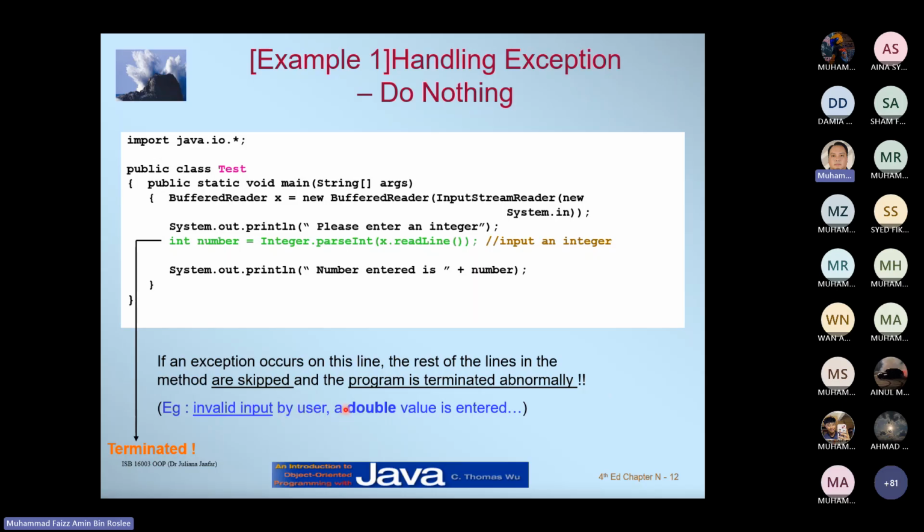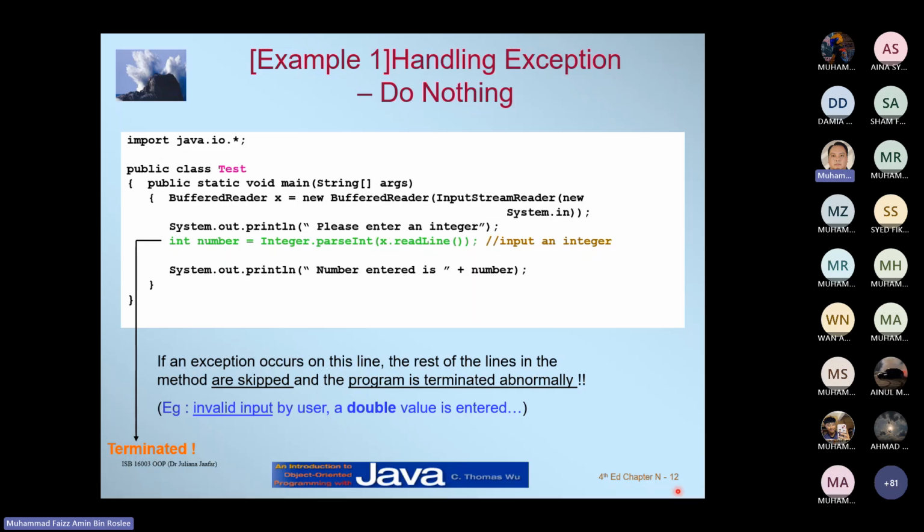For example, this number variable only accepts integer, but the user keys in a double value or string value, the program will terminate, right? Like most of you guys who try to write code in Java without any exception handling, Java will throw all the red stuff, errors, blah blah blah.